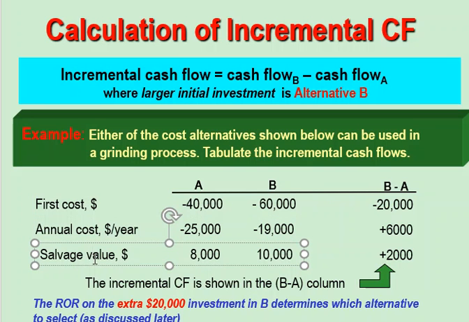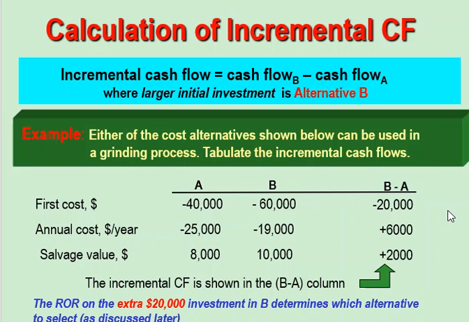Salvage value means the money I'm going to get when I sell my alternative, because after I'm done with it, after 5 years, let's say, I have to get rid of it. Rather than throwing it away, I can sell it and make money. So here we have $8,000. It's positive. The second alternative also, we care about the sign, whether it's negative or positive.